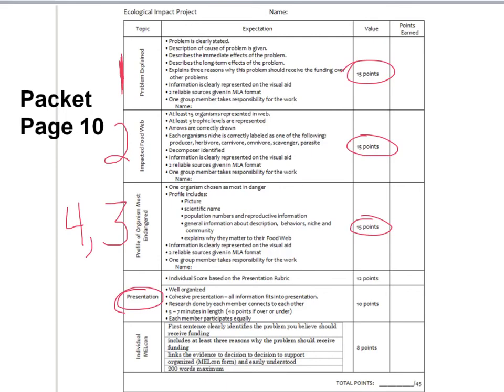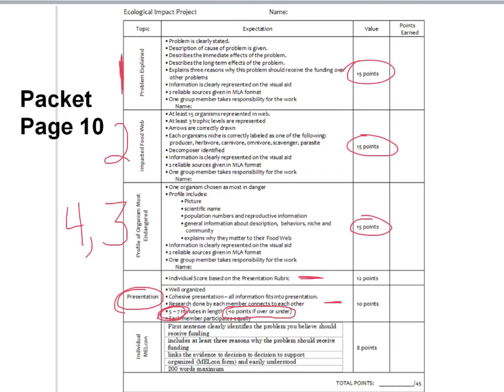And the rubric for the presentation part is on page 11, so you'll want to take a look at that. You'll get an individual score based on your presentation, and then an overall score as well. Your presentation has to be 5 to 7 minutes in length, or else you lose all of these points. So you're going to have to be sure to rehearse it once things start coming together next week.